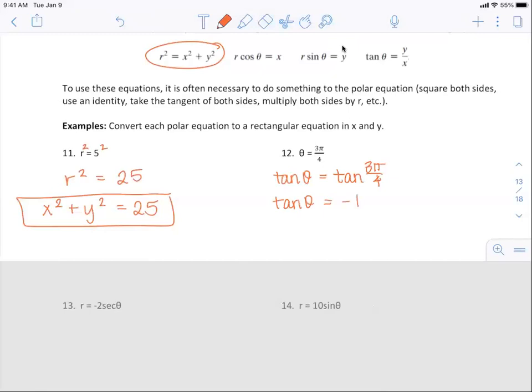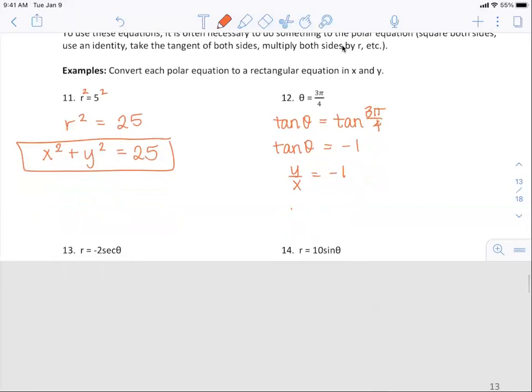And now I know that the tangent of theta is equal to y over x. So y over x equals -1. That would be a perfectly fine way to leave your answer, but it's also convenient to go ahead and multiply by x on both sides and get this into function form, y equals -x.